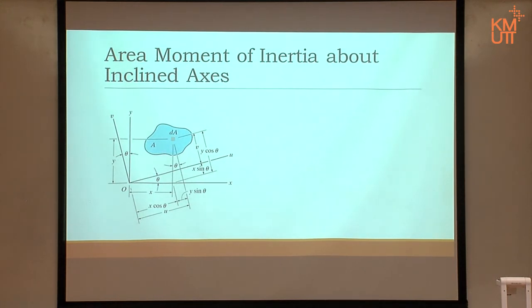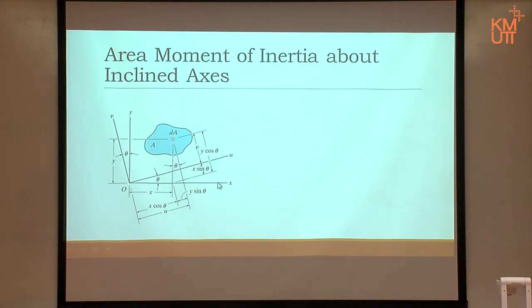So they realized there must be a certain axis that controls this bending, that rotation of the area, not the moment itself. So they worked out and found that it's about the inclined axis that they have to find. So this is the way they set up. We have xy.